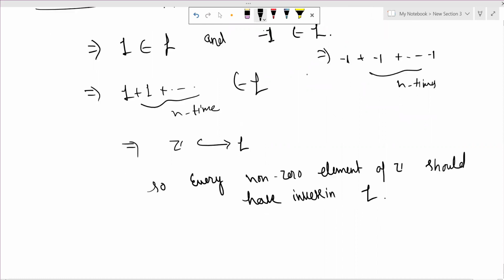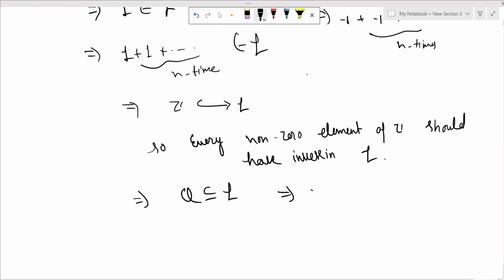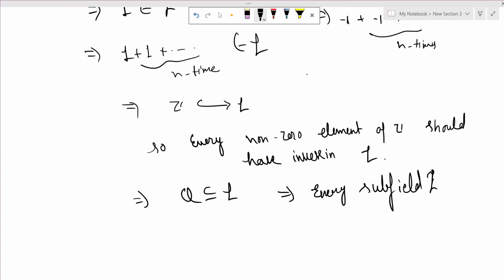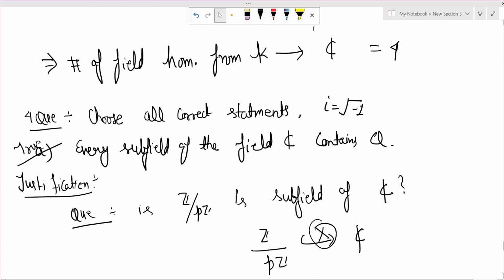This implies Q is contained in L. So is this clear or not? Yes, sir. So it is proved through a counterexample.